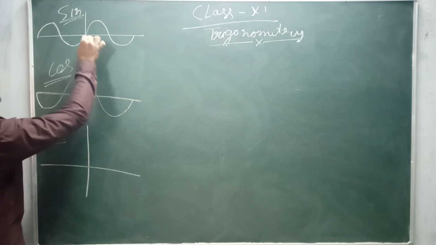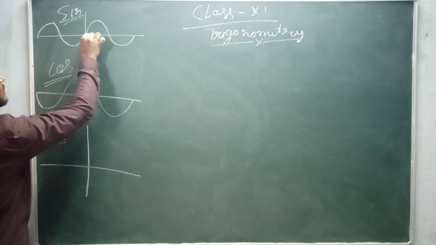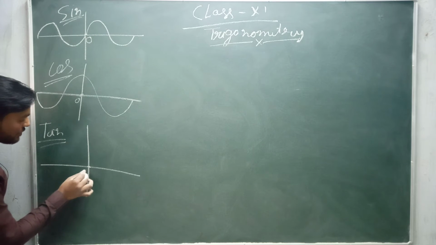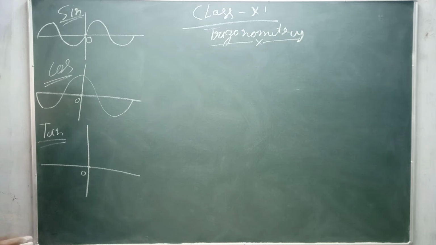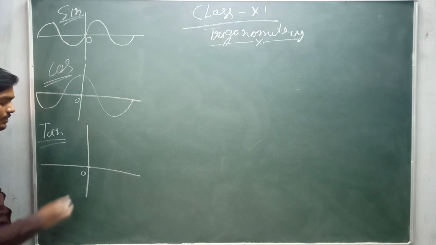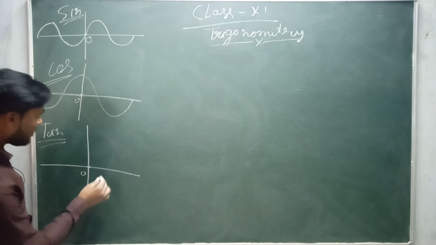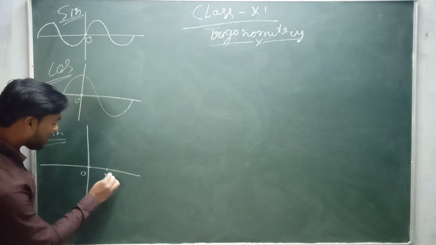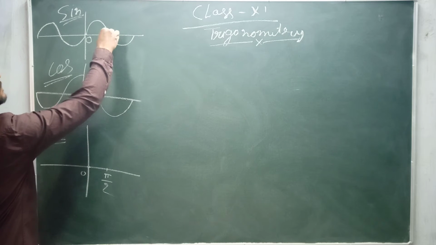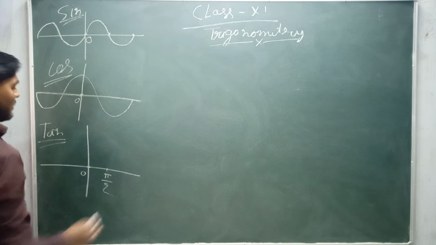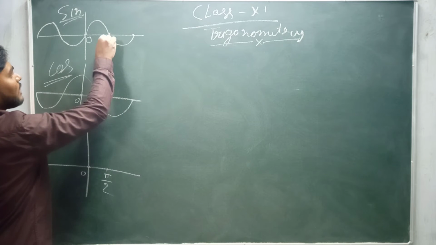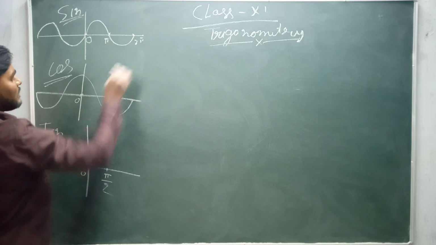These are the origin 0. Here also origin 0. Here tan 0 value is 0. For tan 90 value, take it as pi by 2, pi, 2 pi.